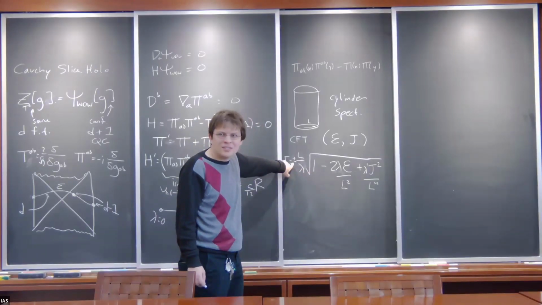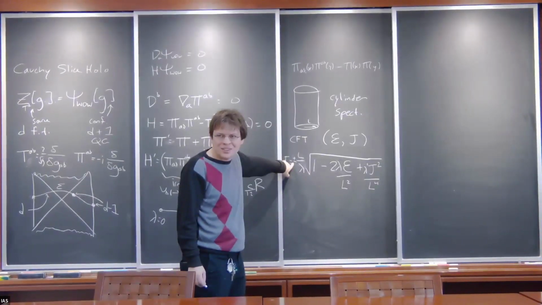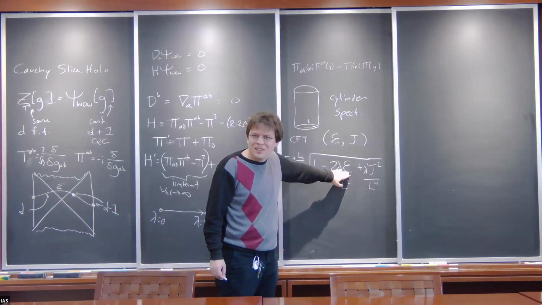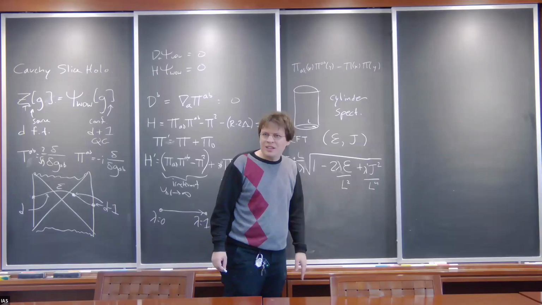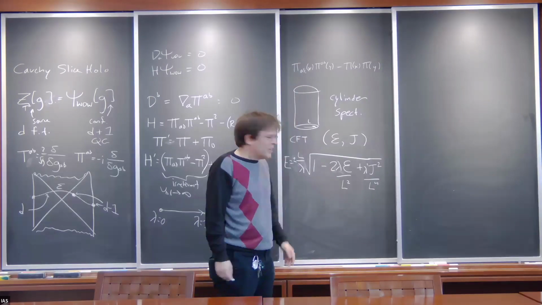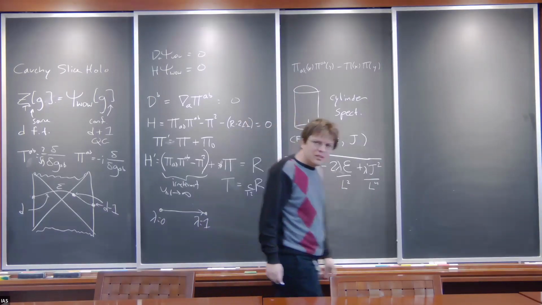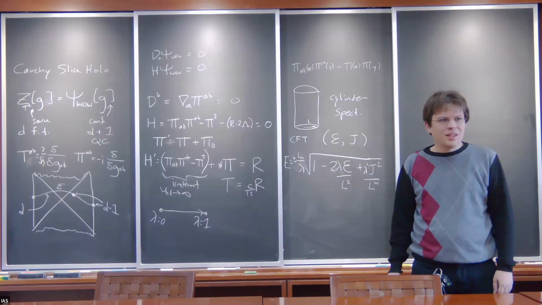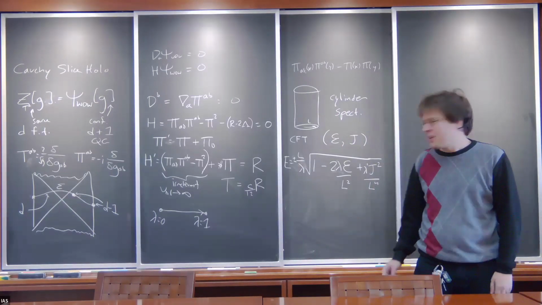So if you took this really seriously, you'd have actually two sets of solutions, only one of which maps to the original CFT. And the crazy thing that happens at a certain point is if curly E is big enough and J is not too big, then the argument of the square root becomes negative, and so the energy becomes imaginary.